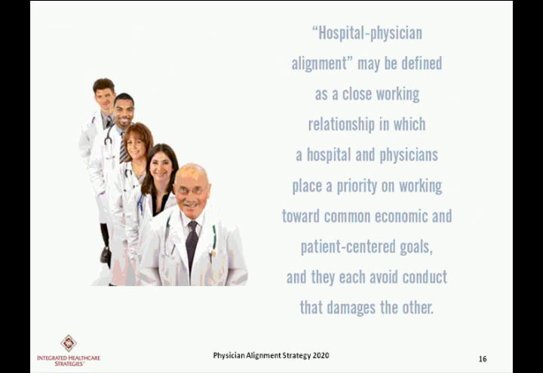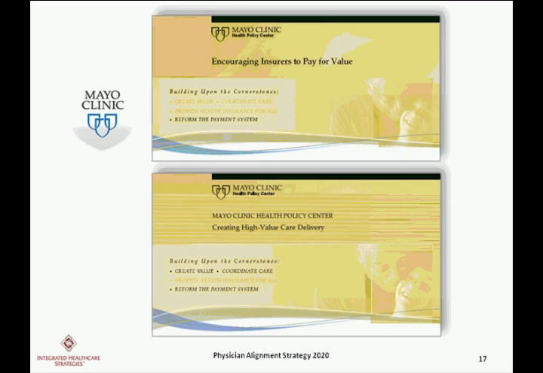We must, in fact, have even greater reliance on a formal physician alignment statement of strategy and philosophy if we have a large amount of our inpatient and outpatient revenue activities dependent on independent physicians. And so we see on slide 16, there are many ways to look at this close working relationship between hospitals and physicians. The key is to always have it driven by patient-centered goals.